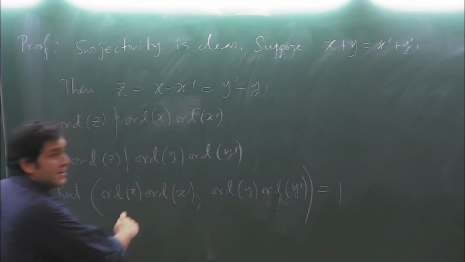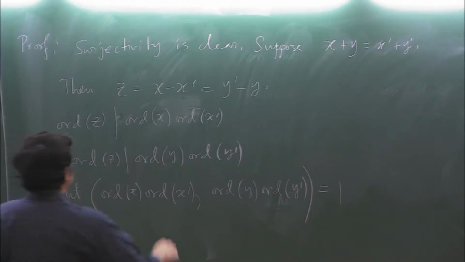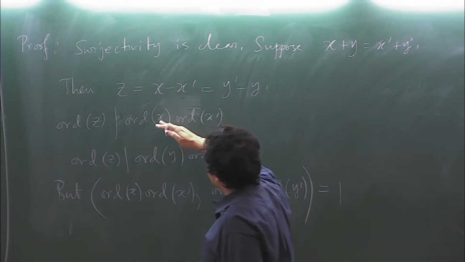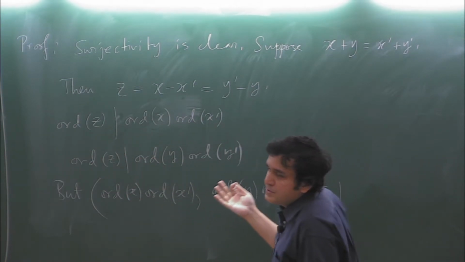Okay, is this clear? So order of z divides two things and they are coprime, which means order of z has to be 1, which means z is 0.